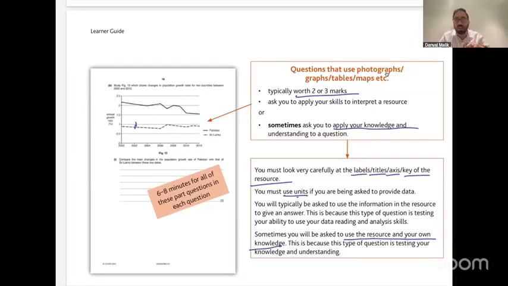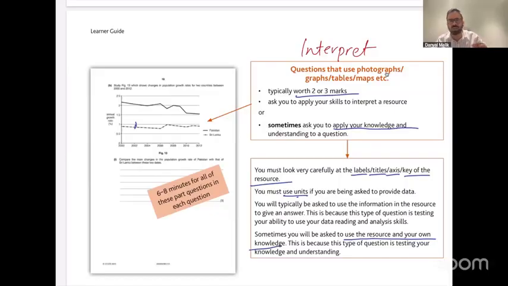Okay. And over here, you are not required to label the maps. Over here, you are required to interpret the map, or interpret the graph, or interpret the source. The source can be a picture, a photograph of me smiling.